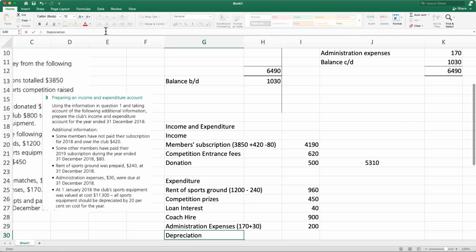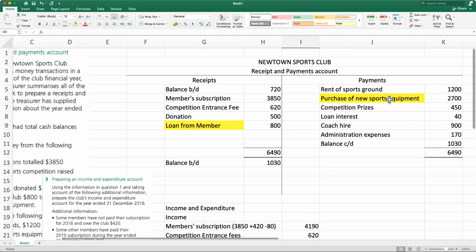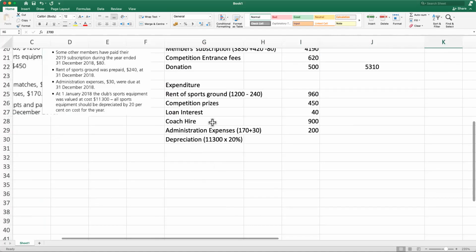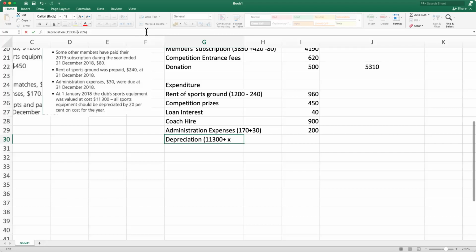Last but not least will be your depreciation. With depreciation, it says that all sports equipment valued at a cost of 11,300 will be depreciated by 20%. So you just take 11,300 multiplied by 20%. But don't forget, you have this amount here, which is your new sports equipment. You need to add it into your 11,300, so that your total is no longer 11,300.